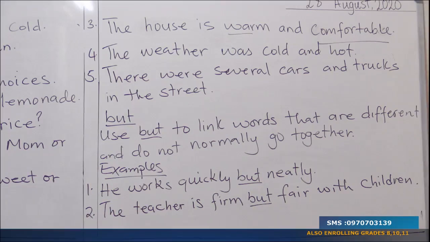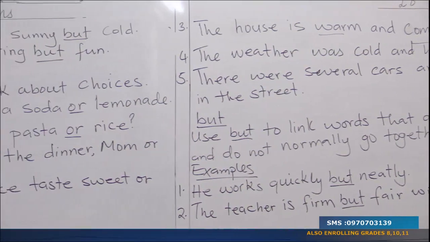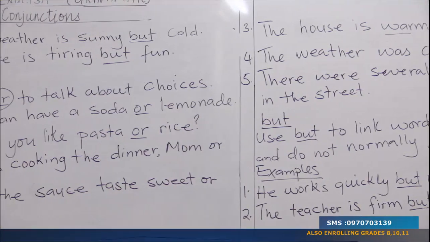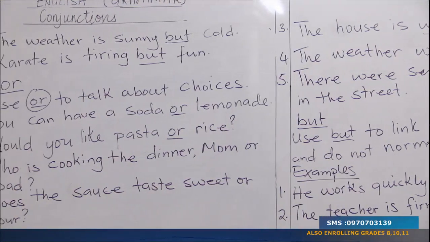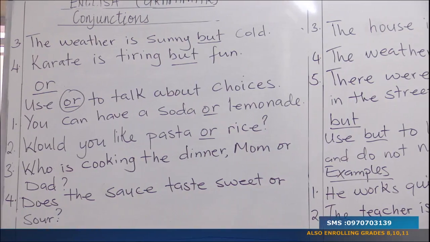And the third one on but, the weather is sunny but cold. And also the last example there, karate is tiring but fun. Okay, karate is tiring, but there's some fun in it.